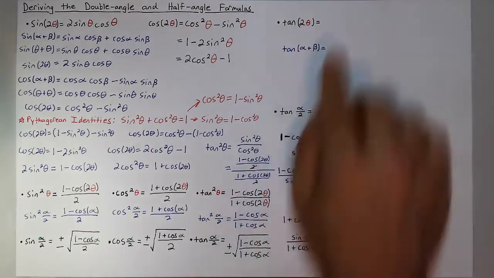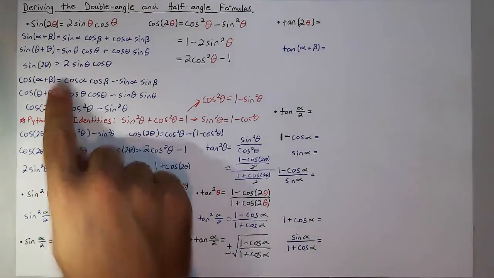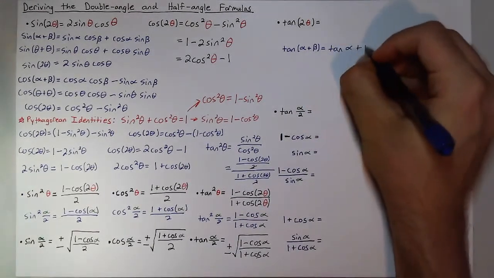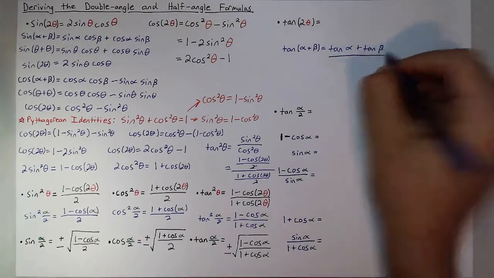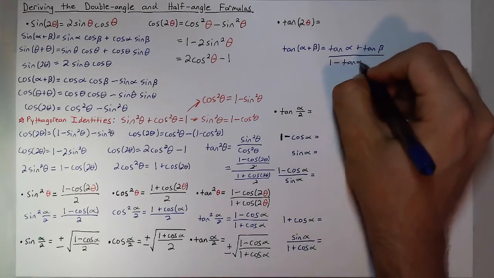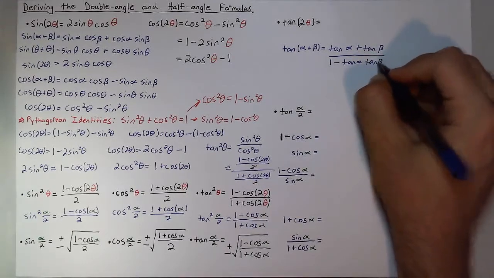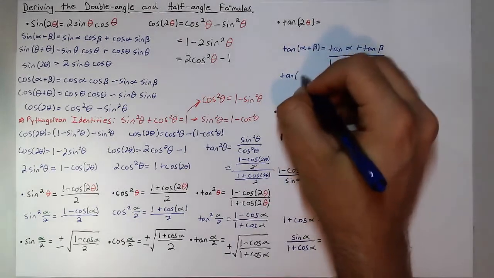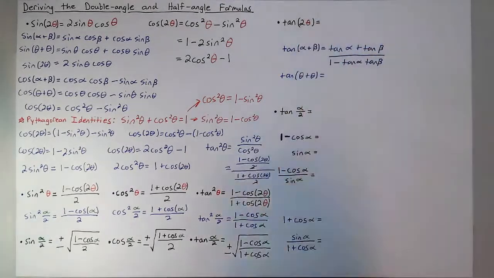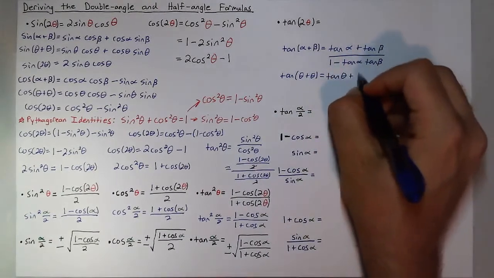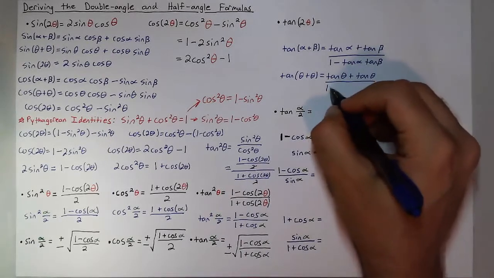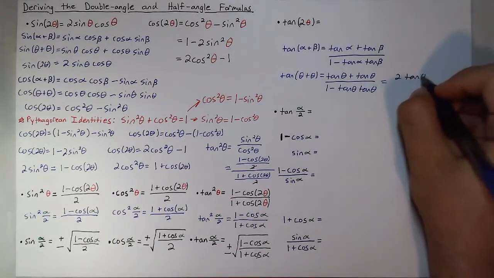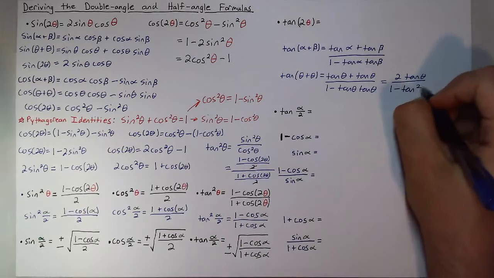So I want to calculate that as well, which I can calculate in a very similar fashion to what I did over here by using the sum formula for tangents, which we know as tangent of alpha plus tangent of beta all over 1 minus tangent of alpha times tangent of beta, which if I replace both alpha and beta with theta, it'll be theta plus theta, which will be that 2 theta up there, giving me tangent of theta plus tangent of theta all over 1 minus tangent of theta times tangent of theta, which will simplify to 2 tangent of theta all over 1 minus tangent squared of theta.